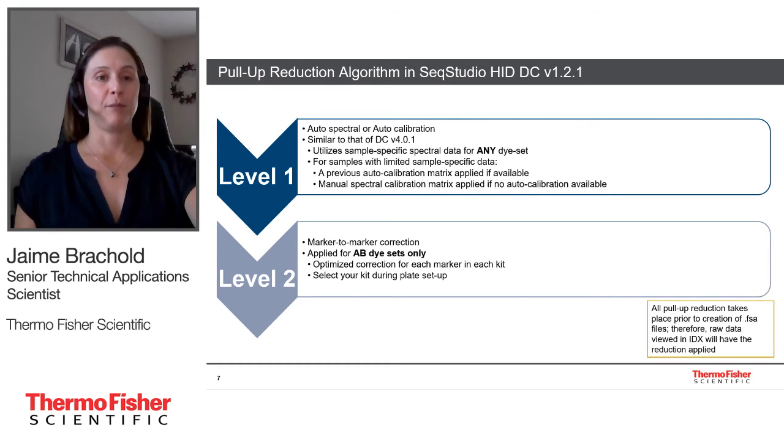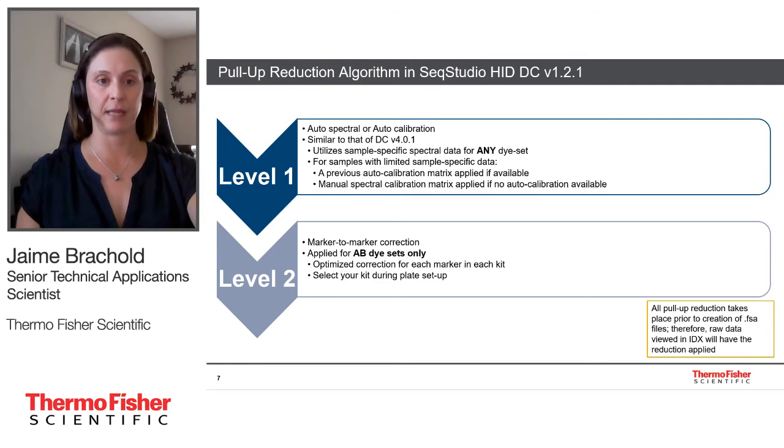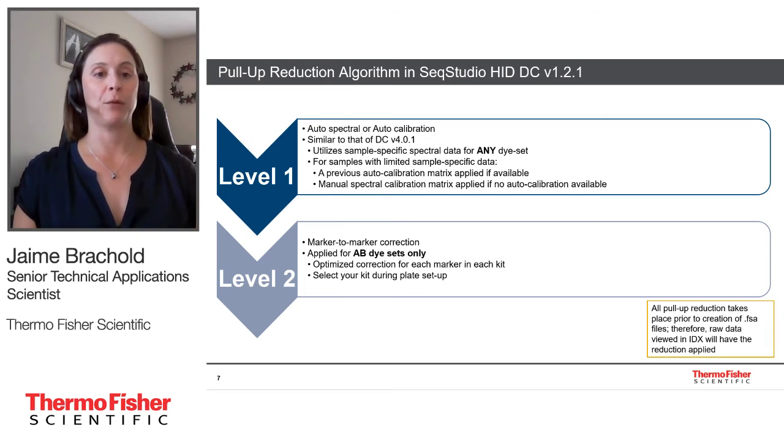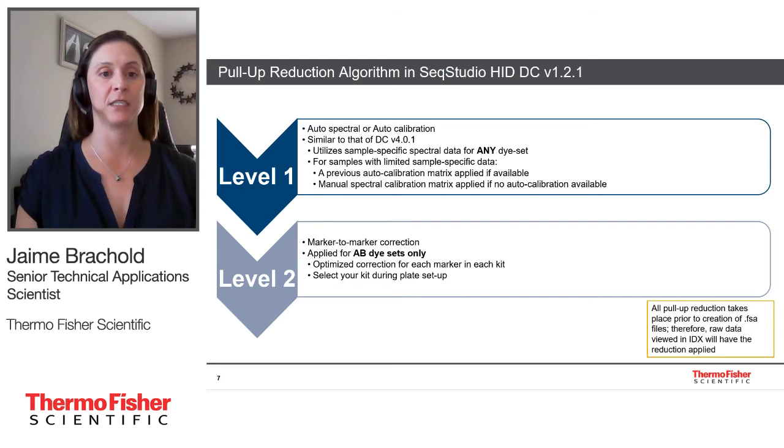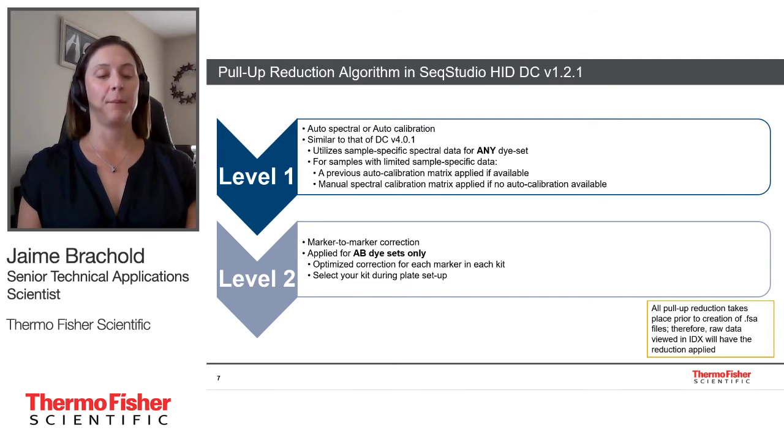The second level of pull-up reduction on the SeqStudio is called marker-to-marker correction, and this is for Applied Biosystems dye sets only, G5, J6, and J6T. Here, we have taken into account marker-to-marker variation as it relates to pull-up across the read region of the chemistry. And the software will apply an optimized correction factor for each marker in each kit.